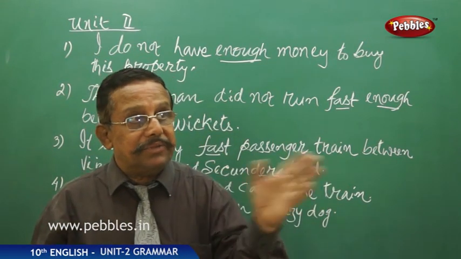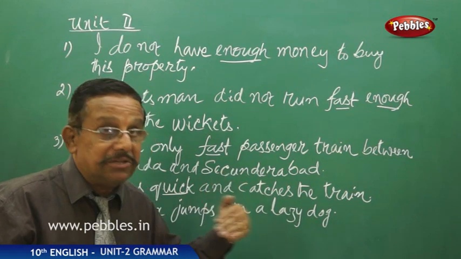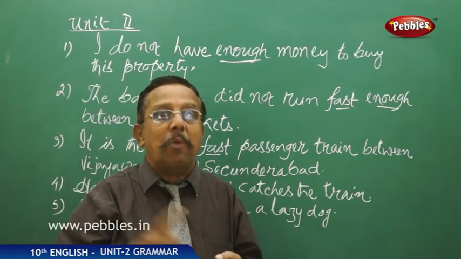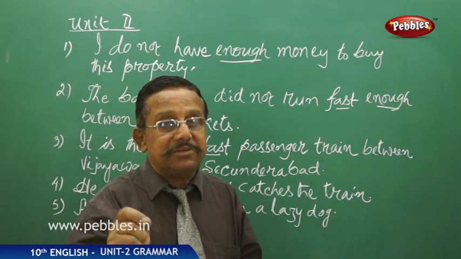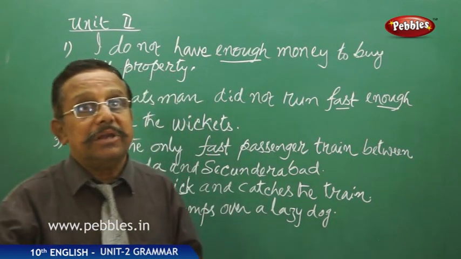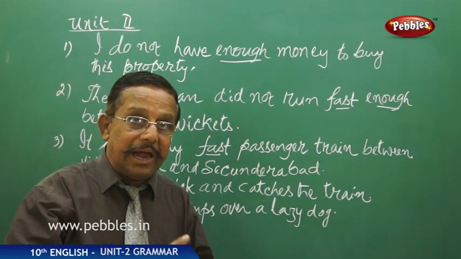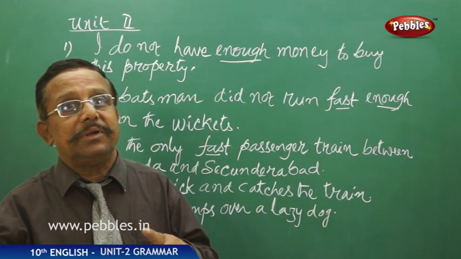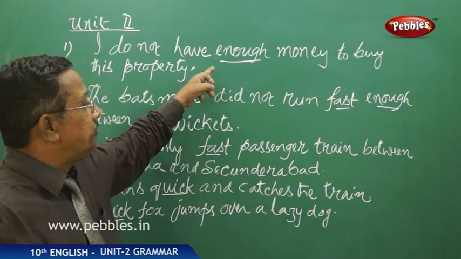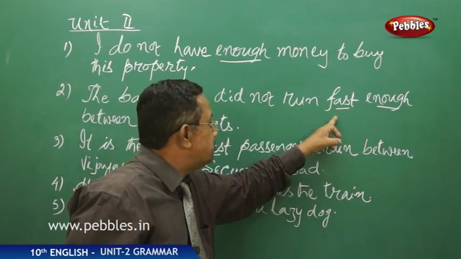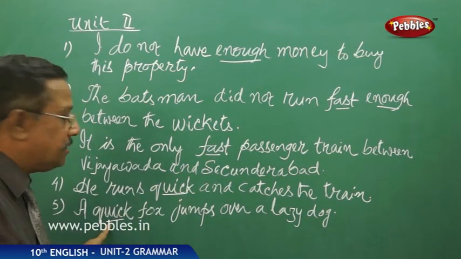Verb and adverb, that is the sequence. And adverb, adjective, that is the sequence. And again, an adverb modifies an adverb itself. Now we are seeing some of the words which can be used as both adjective and adverb. What are those words? You can see here: enough, fast, quick.